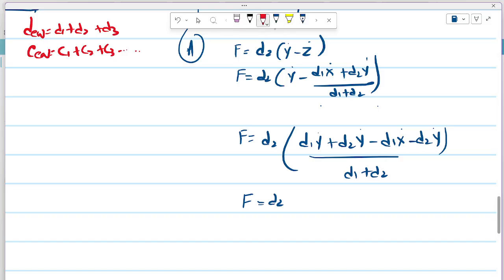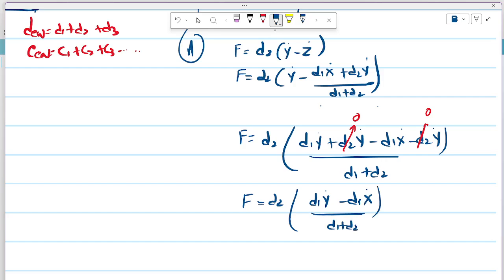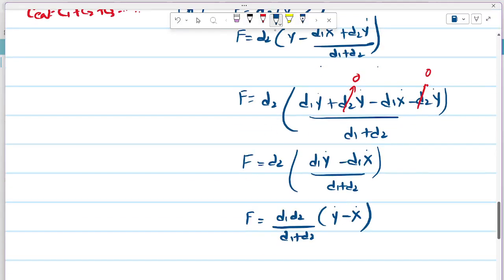So it will cancel out this one. What we will be left with is d2 (d1 ẏ minus d1 ẋ) divided by d1 plus d2, and you can take this as common. So d1 d2 divided by d1 plus d2 times (ẏ minus ẋ). So this is the equivalent damping coefficient for our system.